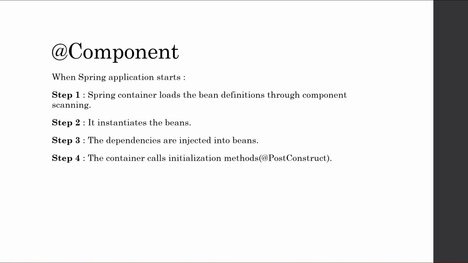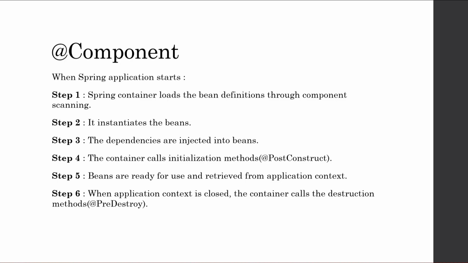After injecting the dependencies into beans, the Spring container calls initialization methods, and those initialization methods are used to perform some initialization task like creating a connection. And these initialization methods are annotated with the @PostConstruct annotation. In the fifth step, beans are ready for use and can be retrieved from the application context.